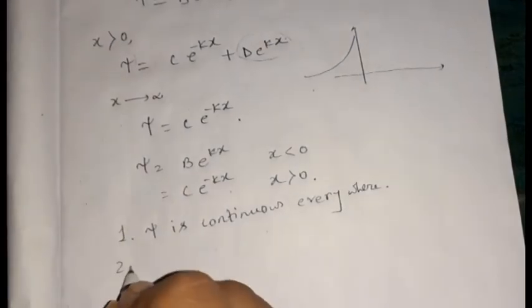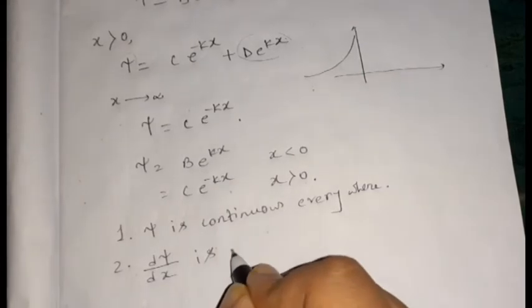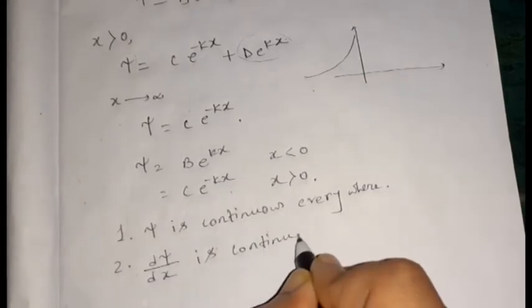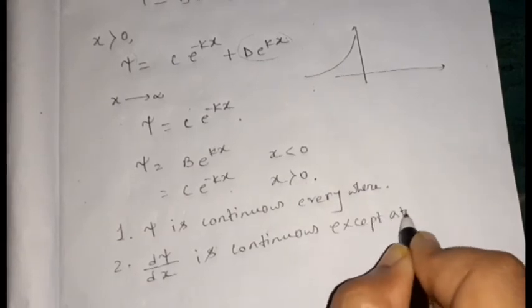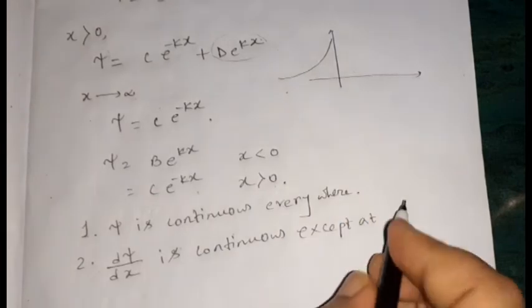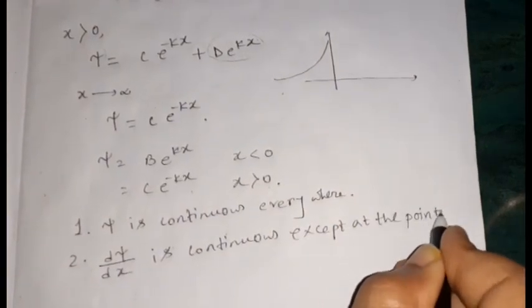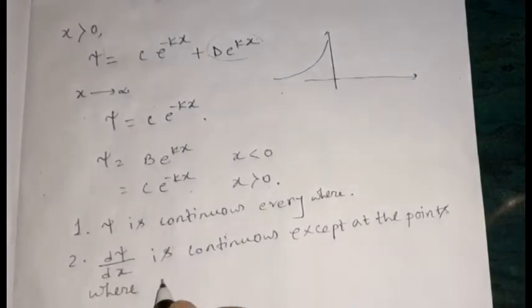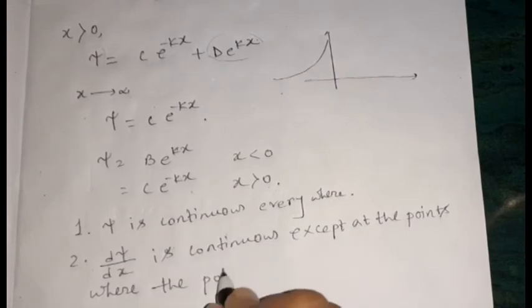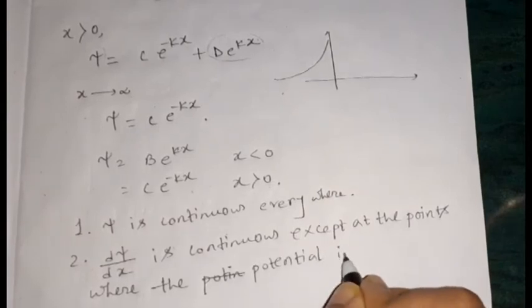And the second one is d psi dx is continuous except at the points where the potential is infinite.